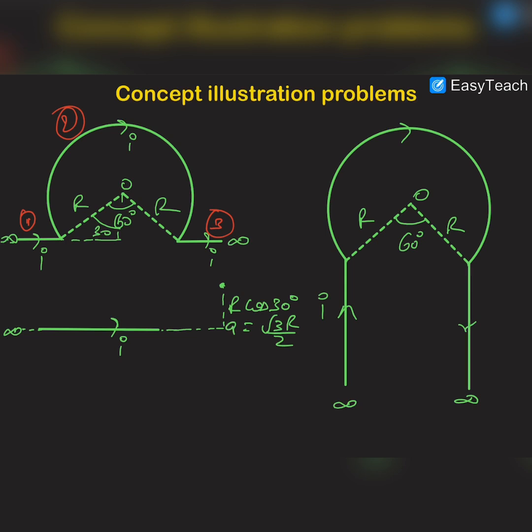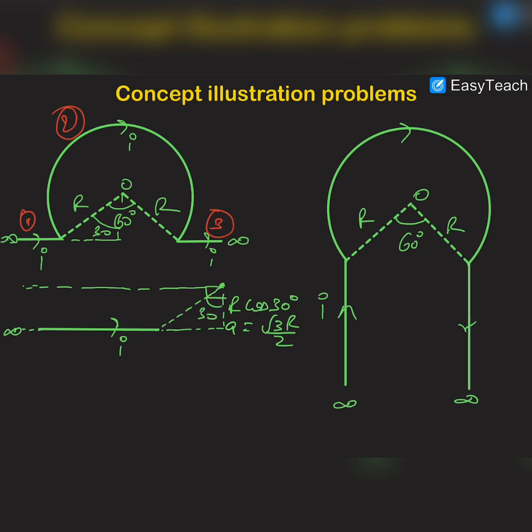So A is equal to root 3 r by 2, and if we join this point with this end, and join the other end of the wire like that, you can see that this angle will be 30 and this angle will be 90.